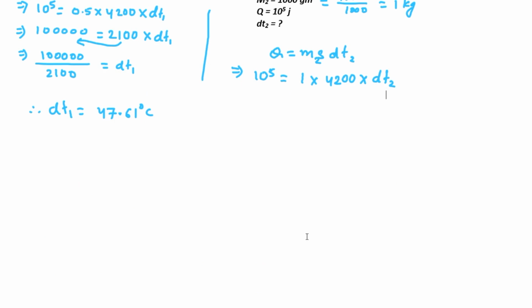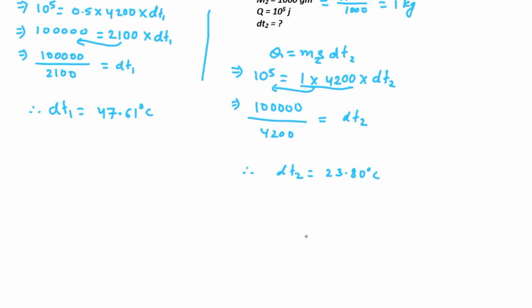Then solve it. 100000 divided by 4200, just multiply 1 into 4200, so it comes in division here. So just divide it, and the value of dt2 is 23.80 degrees Celsius.